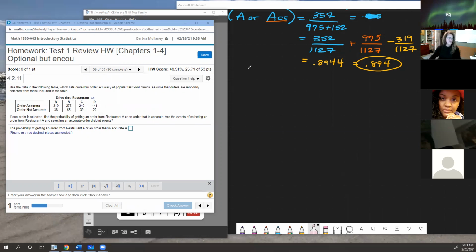So to save time, I'm going to go ahead and get accurate orders. I got 0.909, but I don't know if that's right. It could be. I'm going to just add up all the accurate orders again and just make sure, because I didn't do all the math on that. And I'll put this on my own calculator.